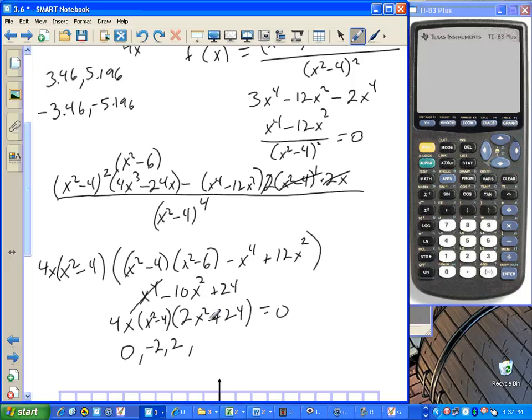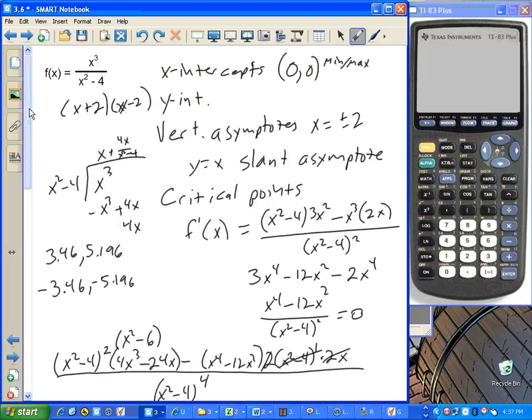And then this one, if I set this equal to 0, I'm going to divide by 2, and this is x squared plus 12. This is going to turn out to be imaginary, right? Because I'd subtract the 12 over, and I'm square rooting a negative 12. So these give me imaginary inflection points, so I don't need to worry about those. So these are my inflection points.